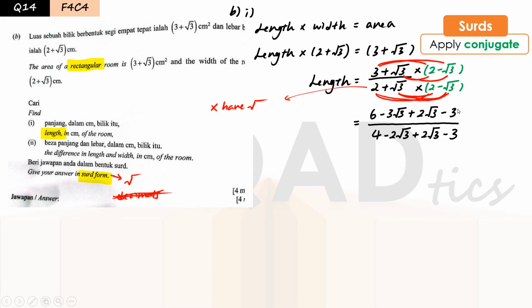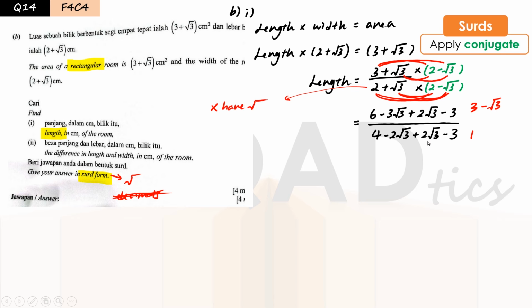So the 6 here I minus with 3, so here will be 3. And for the things that have the square root 3 here, minus 3 and plus 2, it's minus 1, right? Minus 1 square root 3. Alright. And for the denominator here, 4 minus 3, so it's 1.